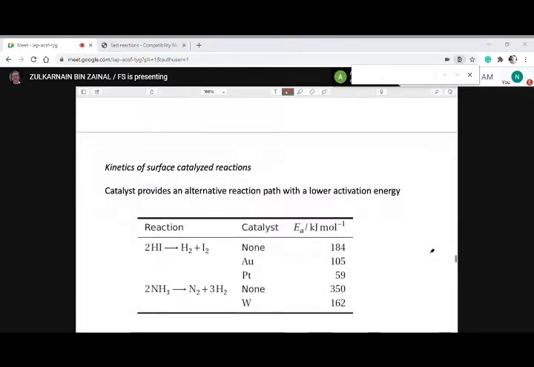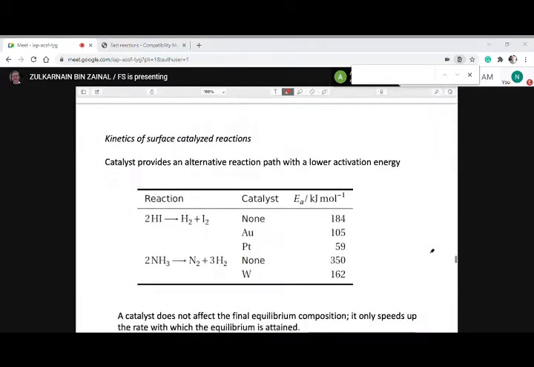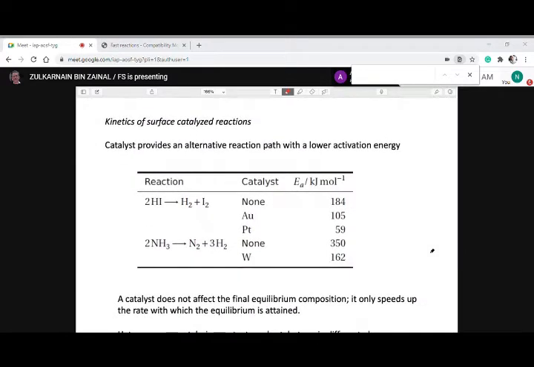Okay, right. So, kinetics of surface reaction. A catalyst provides an alternative reaction path with low activation energy. All right, so this is a known fact. Everybody knows this, that we need a catalyst for some reactions. Some reactions just cannot happen without a catalyst.